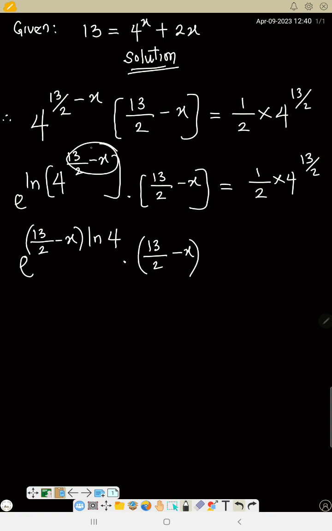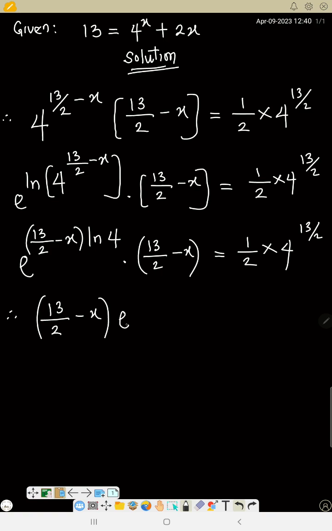So meaning this one goes to the back of the ln, then is equal to 1/2 times 4 raised to power 13/2. So this is the same thing as 13/2 minus x, e raised to power 13/2 minus x ln 4, is equal to 1/2 times 4 raised to power 13/2.